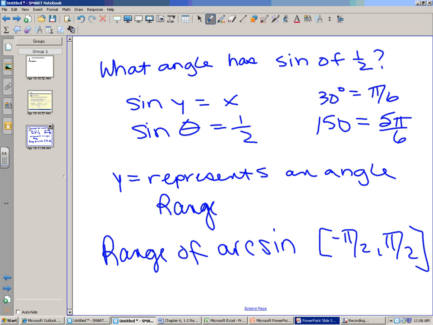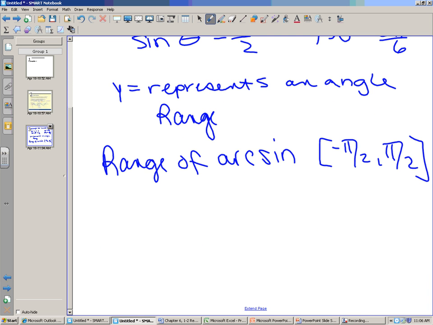Now here's my question, people. It has to fall within my range. Does 5 pi over 6 fall within my range for sine? Do you understand that that's in quad 2? And I'm looking for angles that are in where? I'm looking for angles in quad 1 and quad 4. Do we understand that, yes or no?